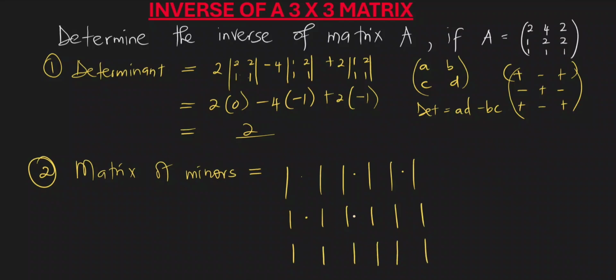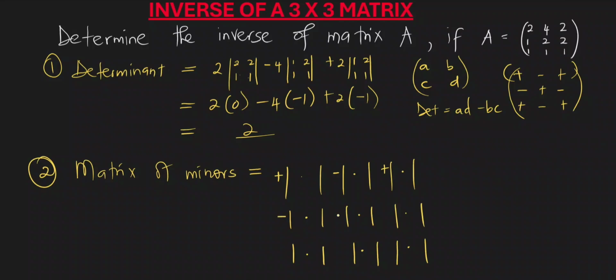So our matrices will be here and here, here and there. We check now the sign of our matrix of signs. The first block has a positive sign, the second one is negative, and the third one is positive.